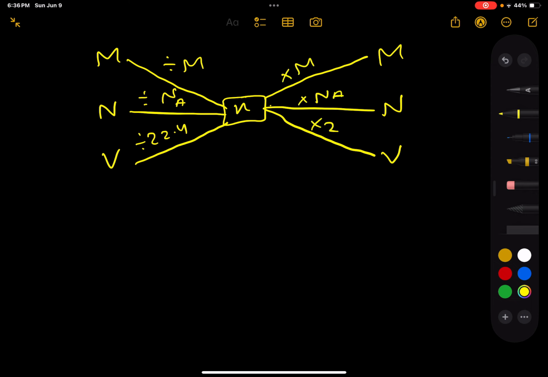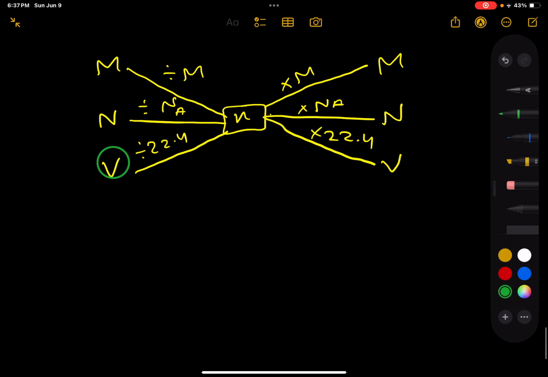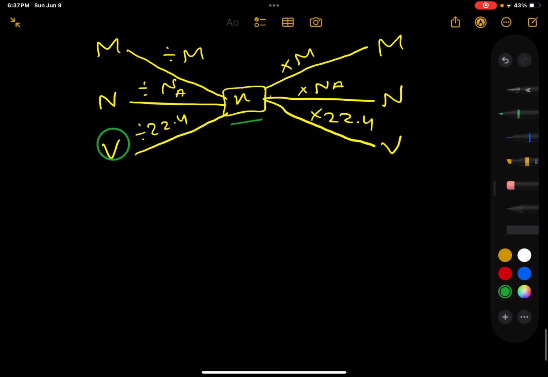And over here we multiply by 22.4. So if we're given the mass, then we divide by the molecular mass and we will get n. And suppose if we're asked about the number of molecules, then we multiply by Na. If we are given the volume and if we want to find, suppose, mass, then we divide by 22.4 and get the number of moles, and then we multiply by M, which is the molecular mass.